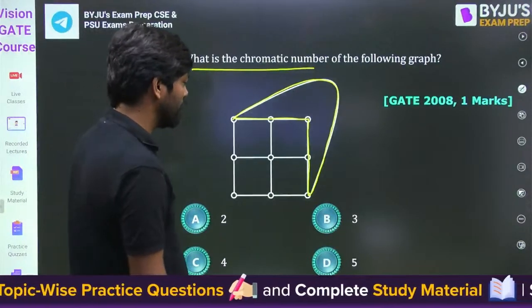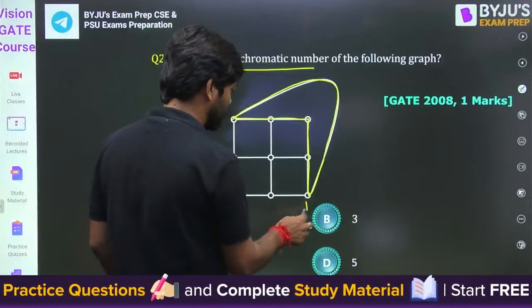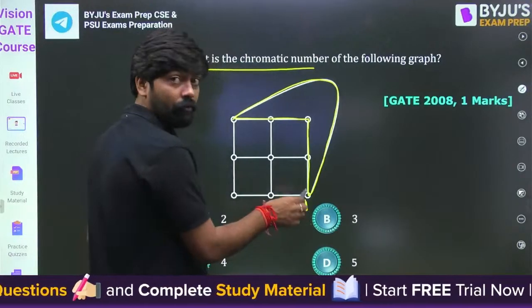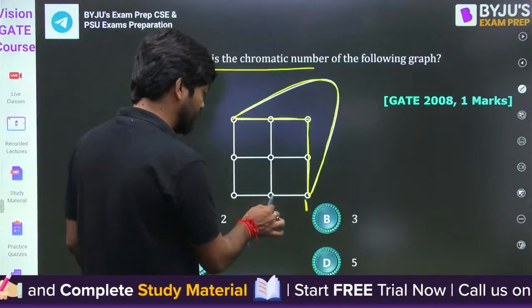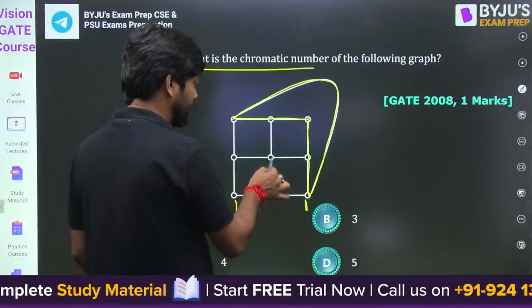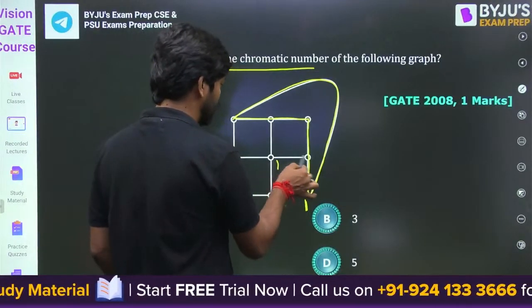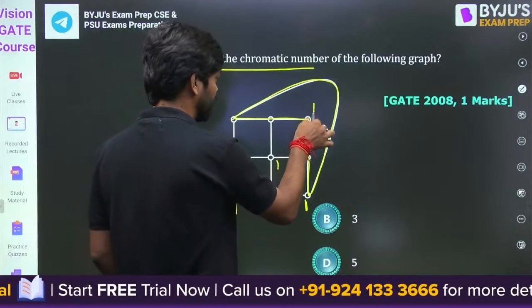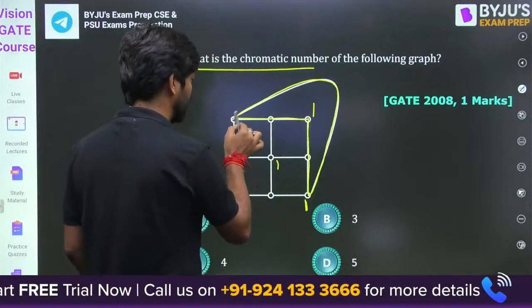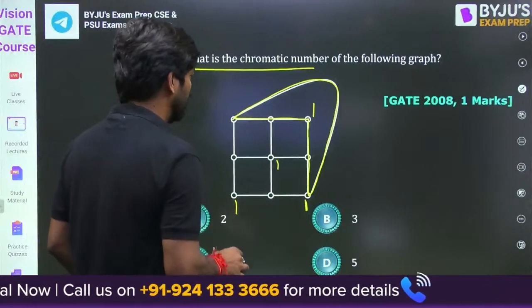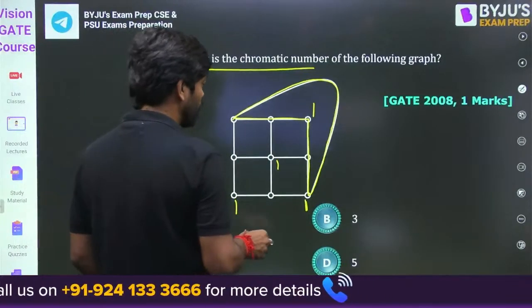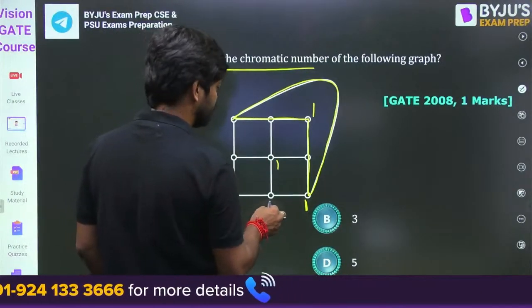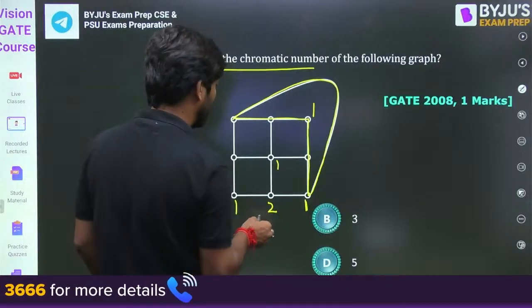Now, if you want to color it also, let me color with 1. Can I color this with 1? No. Yes. Yes. No. Yes. No. No. Okay. Now see clearly. Can I color with 2? No problem.